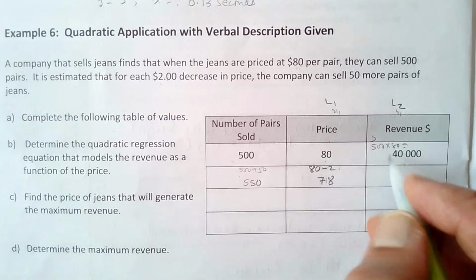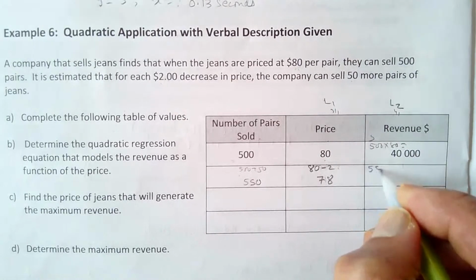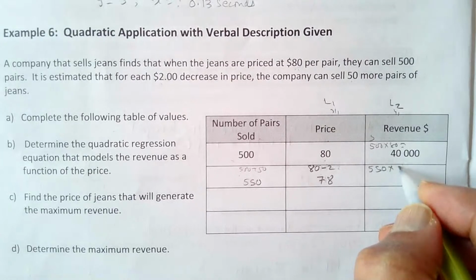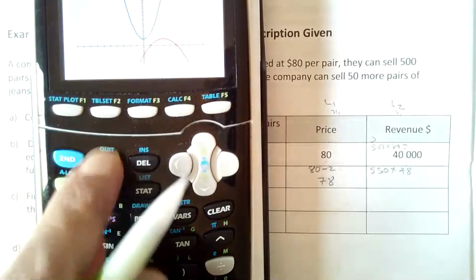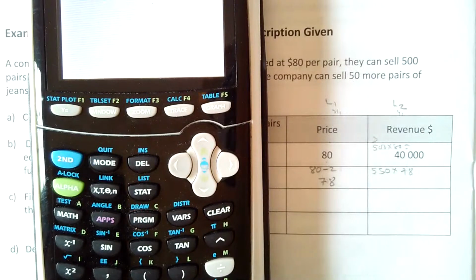So the revenue now would be 550 multiplied by 78. Now watch, what will that give us? 550 times 78, 42,900.